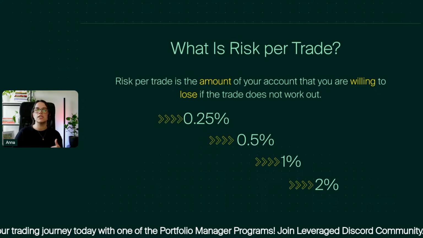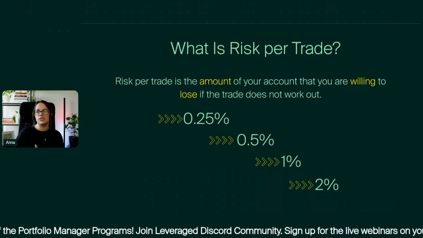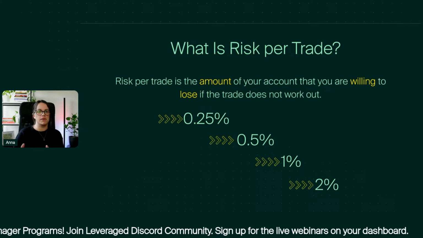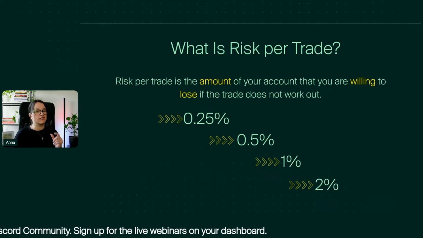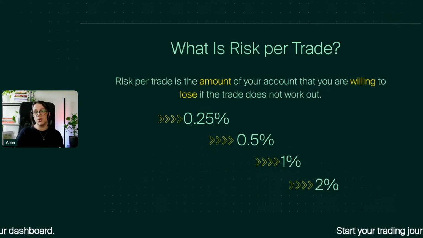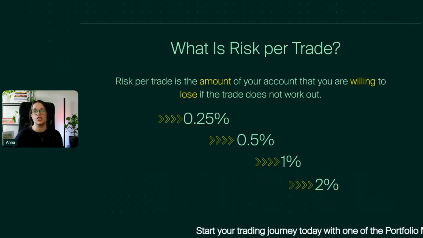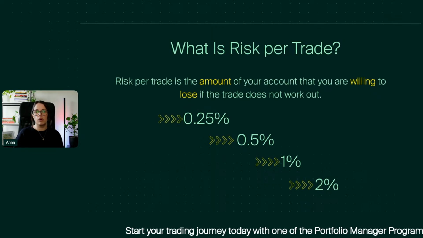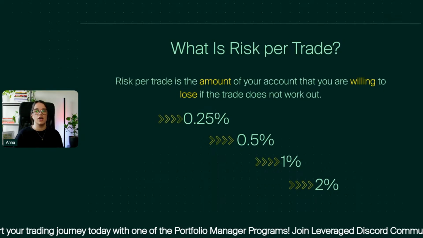You need to logically think, can you afford to lose that much of your account? If you know that your losing streaks are very small, and normally you maybe lose 3 and then you win 1, you lose 2, you win 2, then logically you can afford to risk more and put the bigger risk on your account.